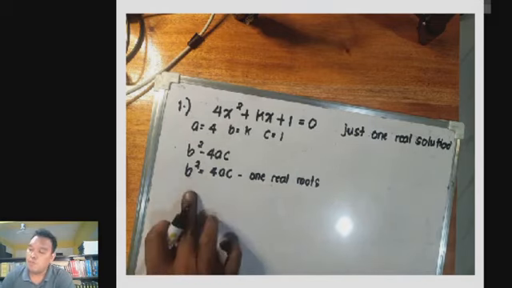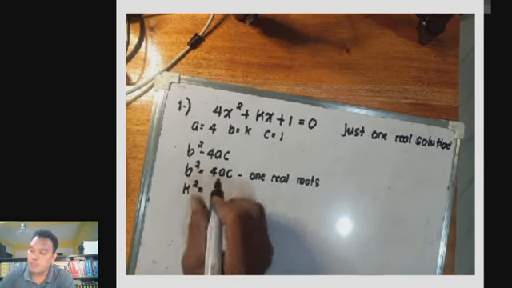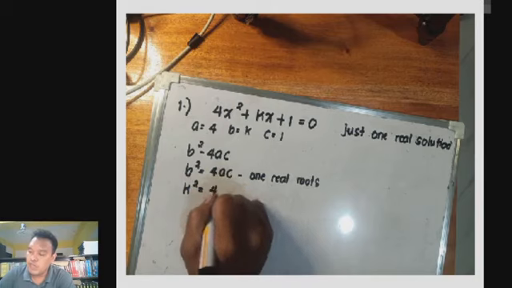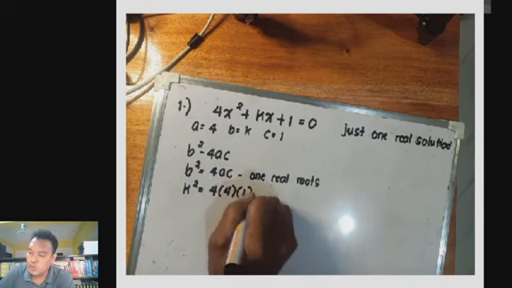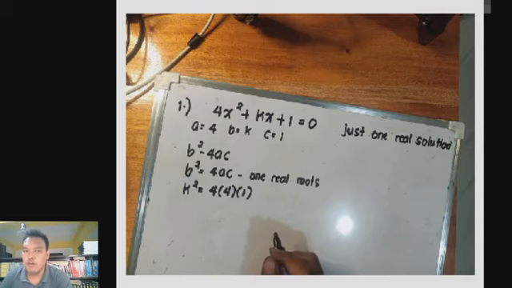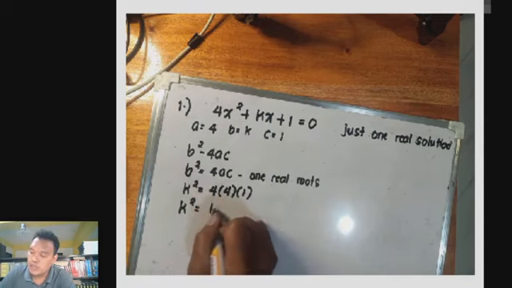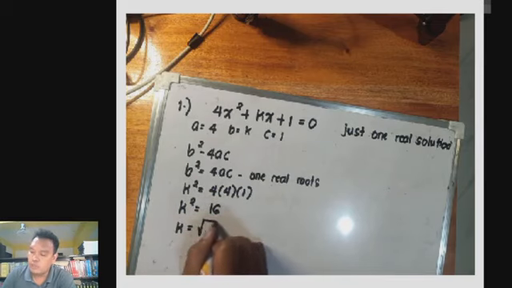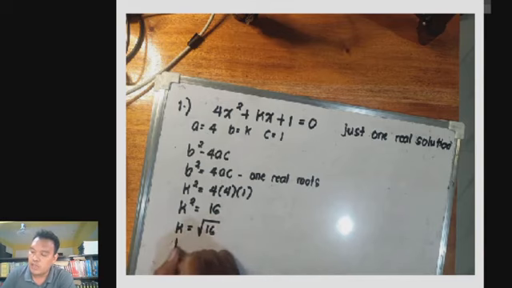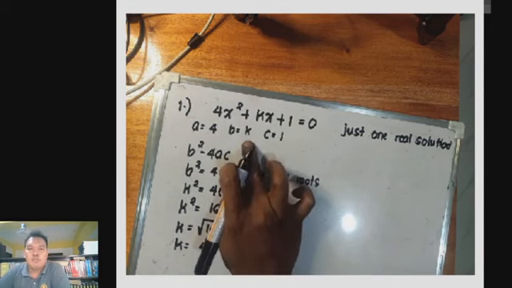So, therefore, b squared is equivalent kay k squared is equivalent kay 4ac. So, 4 times A, which is 4, and C, which is 1. Therefore, k squared is equivalent kay 16. Then, k is equivalent kay square root ni 16. Therefore, k is equivalent kay 4. Right? So, the value of k will be 4 dyan.